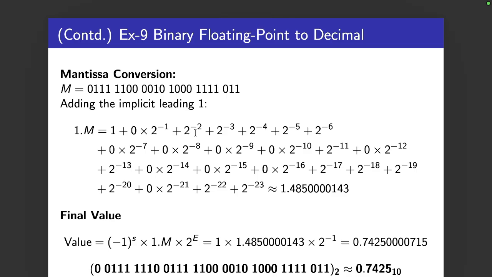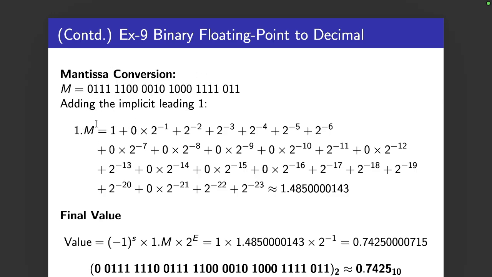Next, for the fraction part, the mantissa, where the 23 bits are this. We add the implicit leading one, because we deleted this leading one, so it is 1 point this. So now we add the leading one, 1 point m, where m is this fraction part.